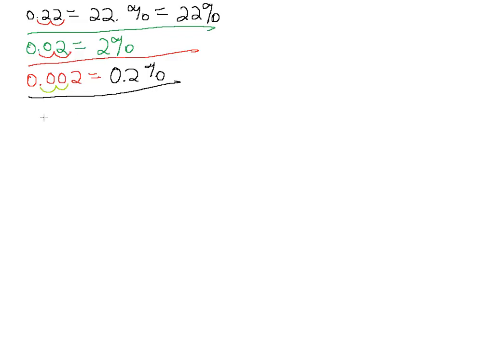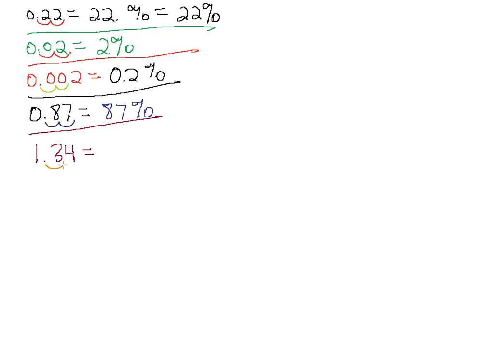Okay, let's keep going. Let's say we have 0.87. We don't have any zeros over here, but it works the same. We move our decimal 2 places to the right, which gives us 87%. Fairly simple. Let's do a couple more. Let's say we have 1.34. Here we have a 1 on the left side of the decimal, but we approach it the same way.